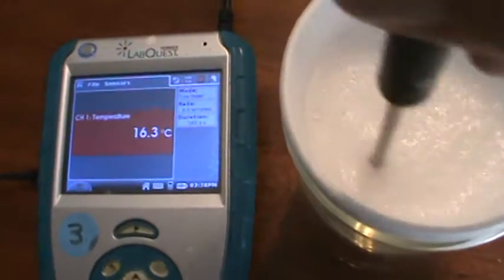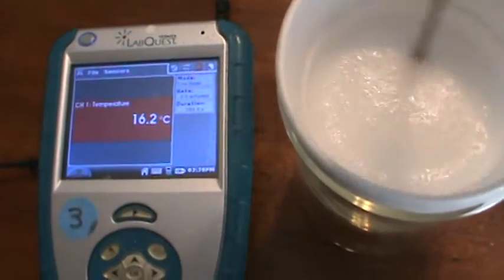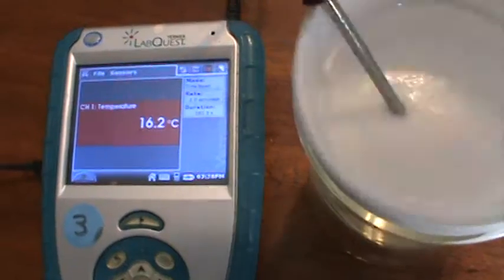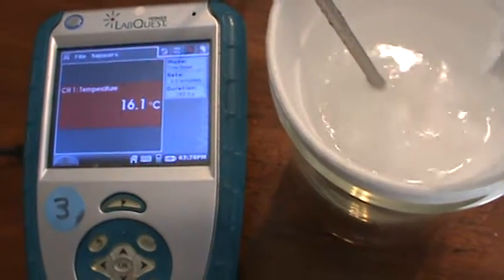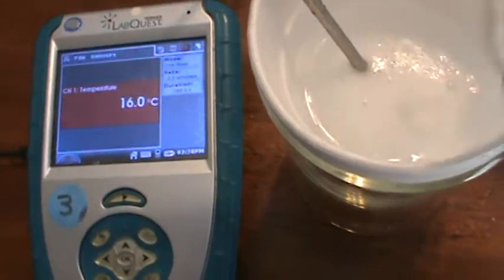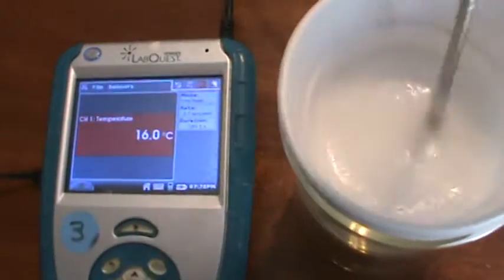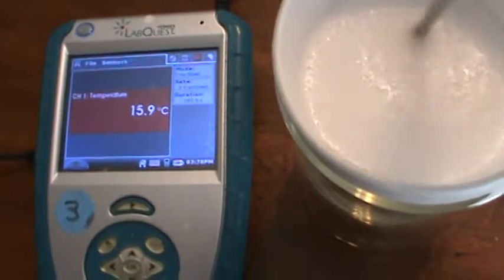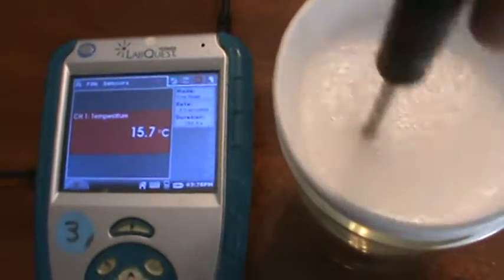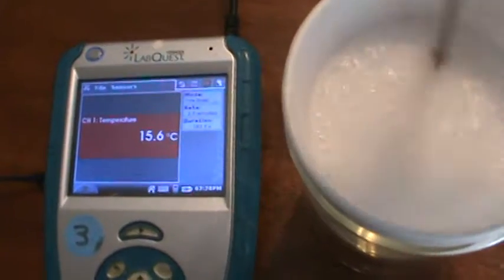So what we're actually going to be doing at the beginning of this is looking at the temperature of the water surrounding our system, which means we're looking at the temperature of our surroundings. So we'll be calculating Q, or heat, for the surroundings.